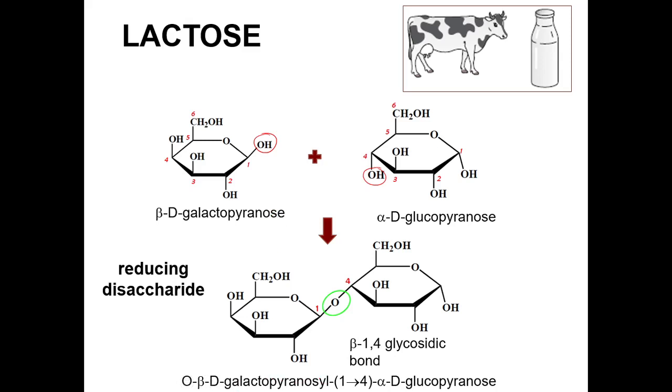Then, itong makikita nyo 1,4, this means that yung nag-react or nag-connect is yung carbon 1 to carbon number 4 of what? The glucopyranose. So, this one naman is your alpha D glucopyranose. So, if you will read the systematic name for lactose, it will become O beta D galactopyranosyl 1,4 alpha D glucopyranose. So, that is the systematic name for lactose.